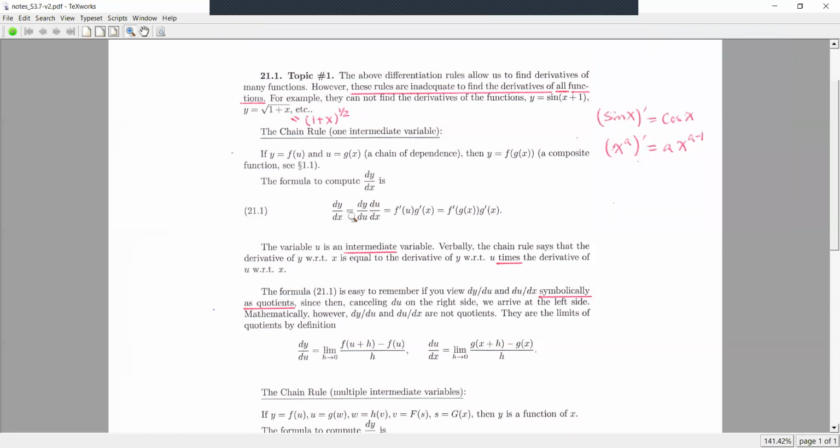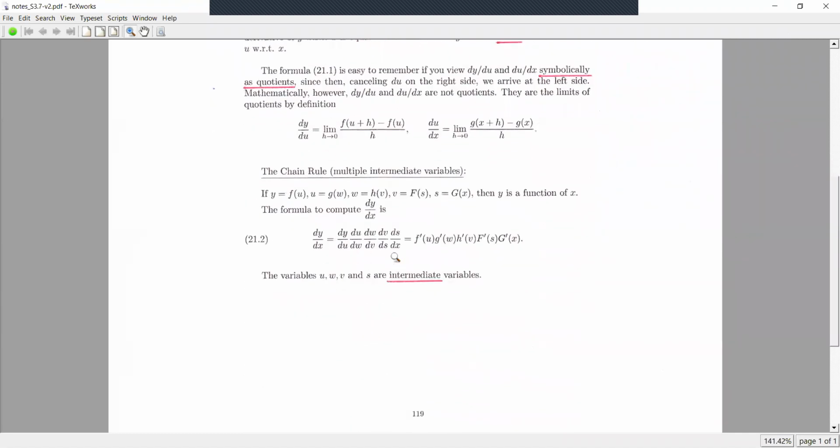This formula has only one intermediate variable. In fact, the chain rule can have multiple intermediate variables. The corresponding formula is here. Suppose y depends on u, u depends on w, w depends on v, v depends on s, and s depends on x.